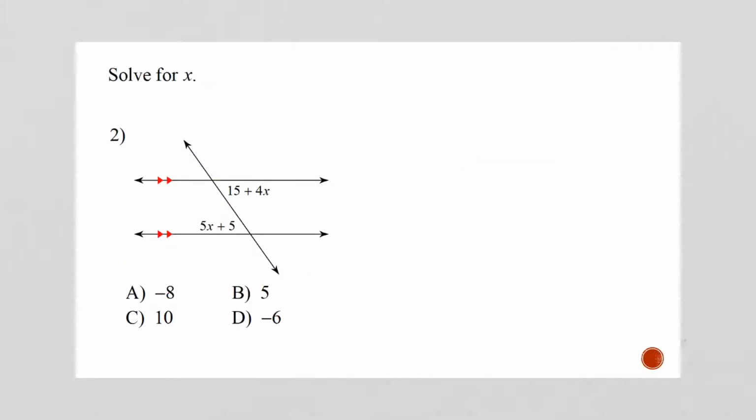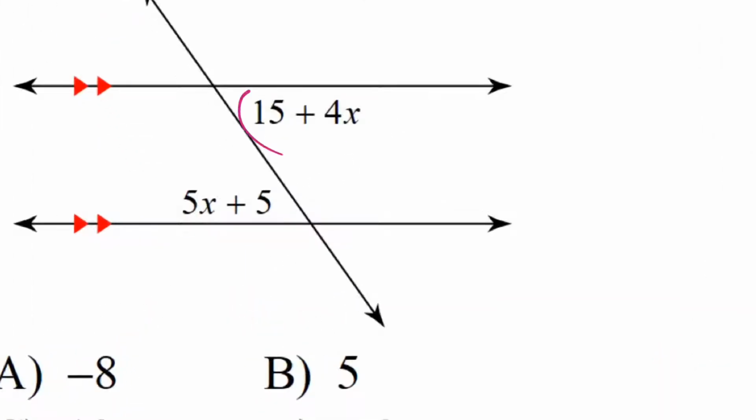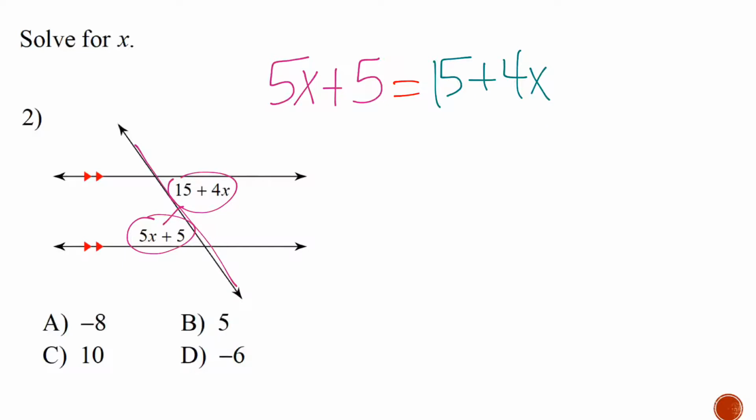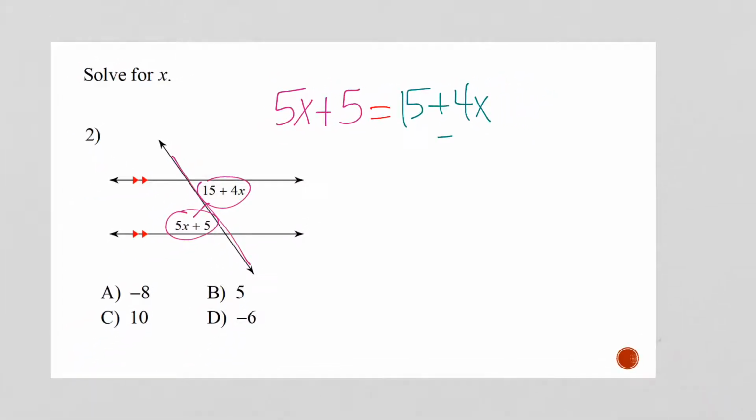Question 2 on the final is going to give you alternate interior angles. So they're interior angles and they're on the opposite side of the line. Alternate interior angles are also congruent. So you're going to take both angles and set them equal to one another and solve for x. So here you can solve for x by subtracting 4x to both sides of your equation by using subtraction property of equality.